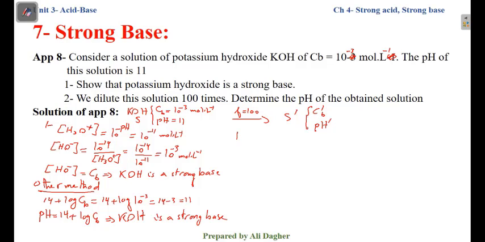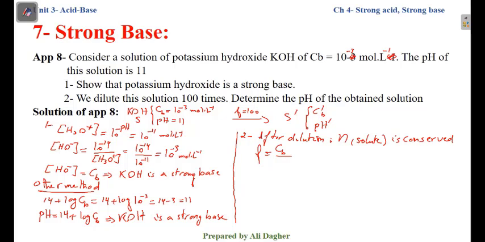This is part 1. Part 2: in order to calculate pH', we should calculate C'b. After dilution 100 times, the number of moles of solute is conserved. That means F equals Cb over C'b equals 100.